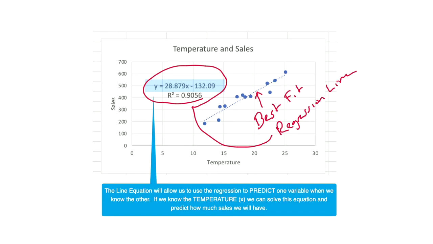If we know what temperature it's going to be, for example, along the x-axis, we can plug it in right there and solve for y, which would tell us our sales. And in fact, we could start with y, the sales, and predict what we would get in terms of temperature. Now you can see sales doesn't cause temperature, but we can actually solve for that.